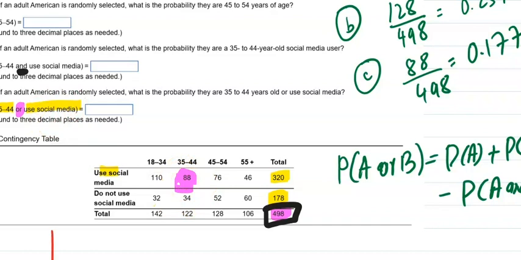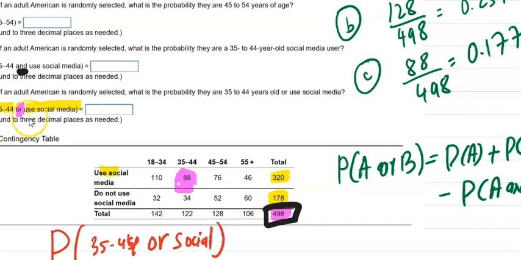So I'm looking for the probability of 35 to 44, or social media user. Let me write social by itself. I'm not going to write "use social media," I just write social. That's the B, like here. So what's the formula?